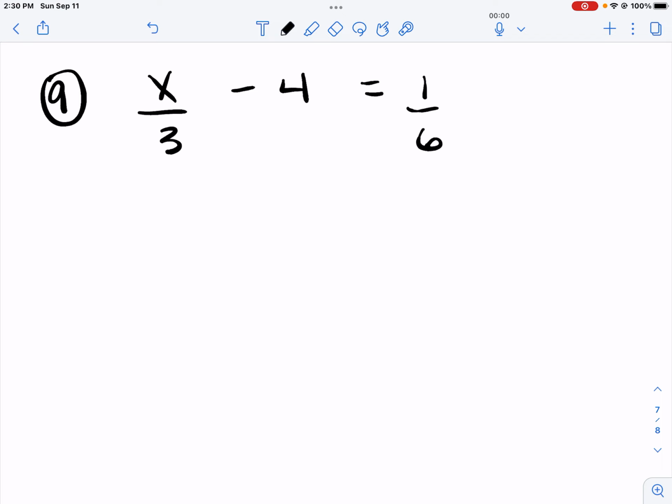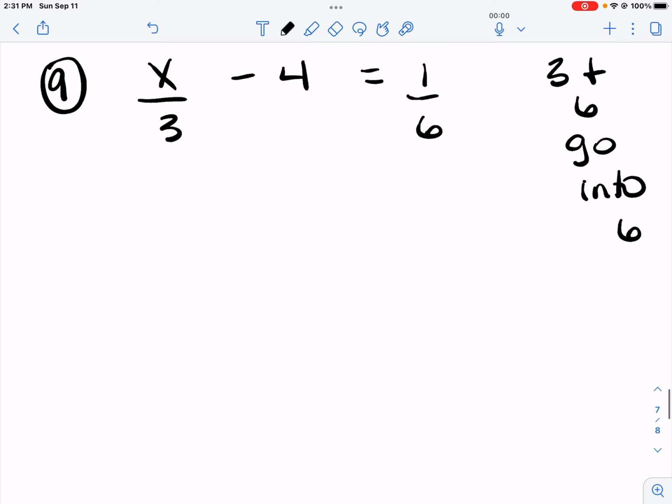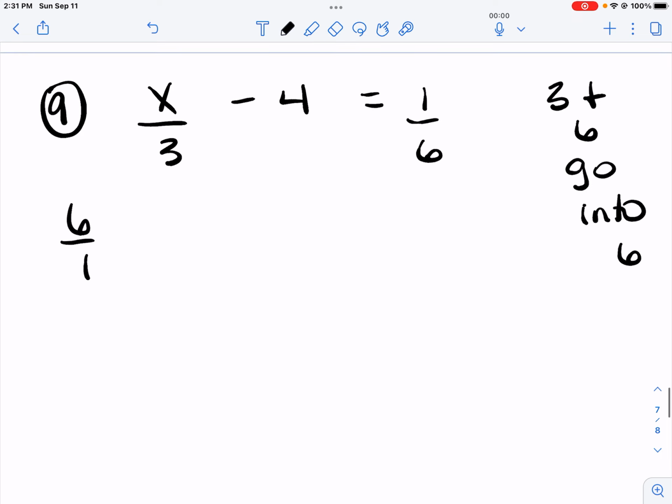Okay, I can multiply everything by the same number as long as I do the same thing. So I want what 3 and 6 go into, 6. So I'm going to put a 6 over 1 times x over 3.